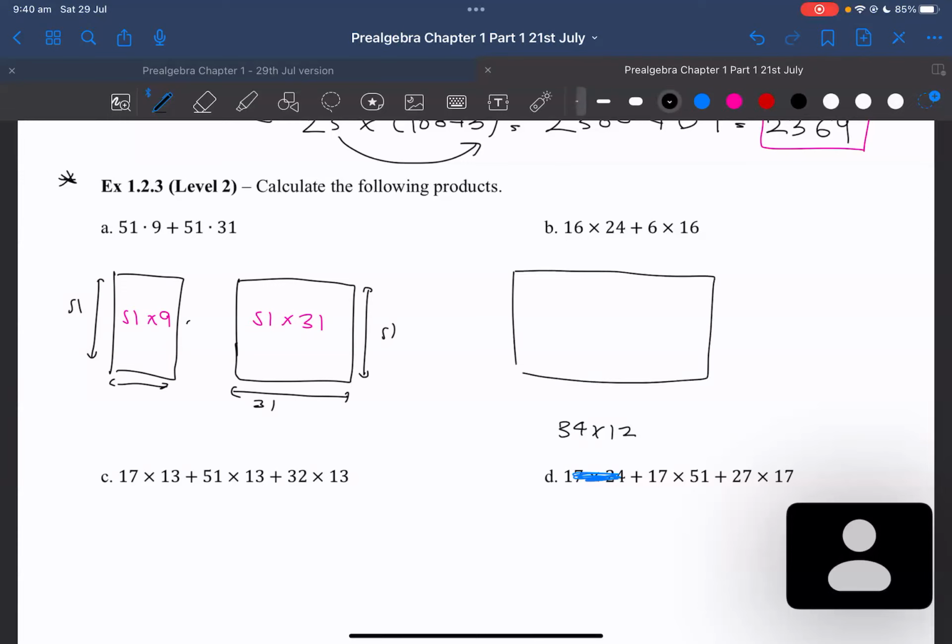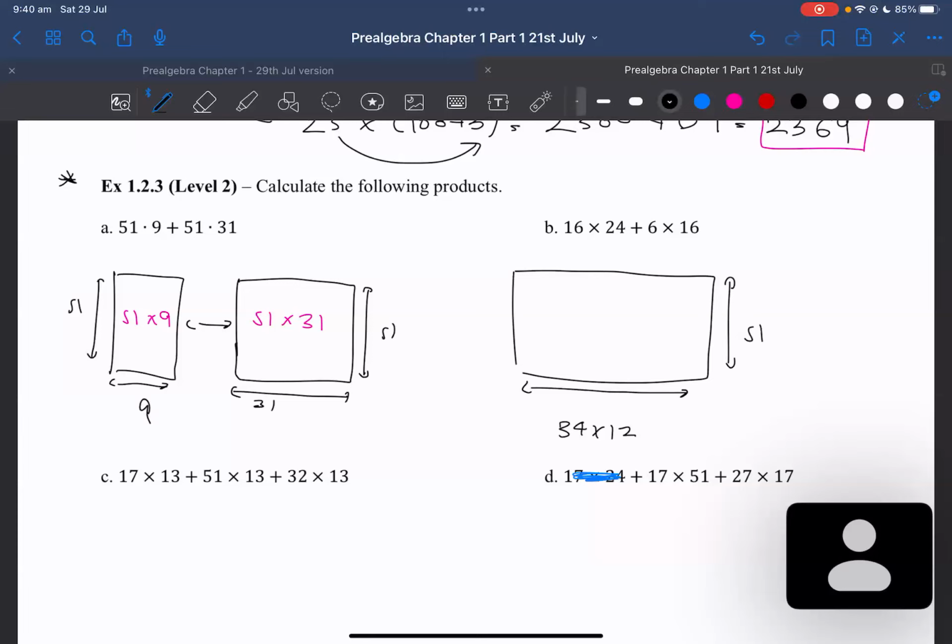If you combine these two together, what's going to be the length now? This is still 51. If I combine them, bringing them together in the middle, it changes to what? There's a 9 from here and 31 from here.